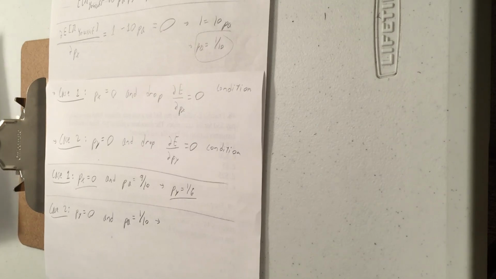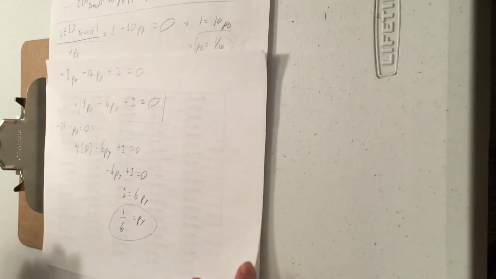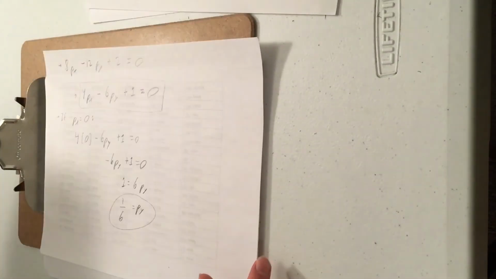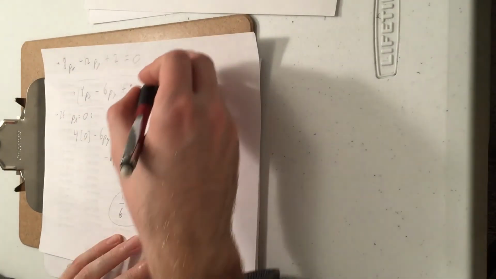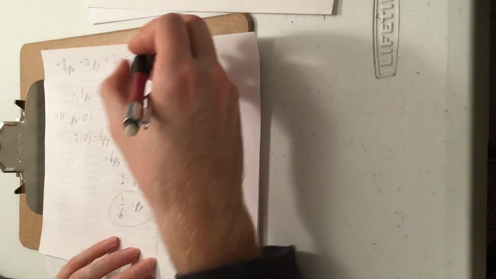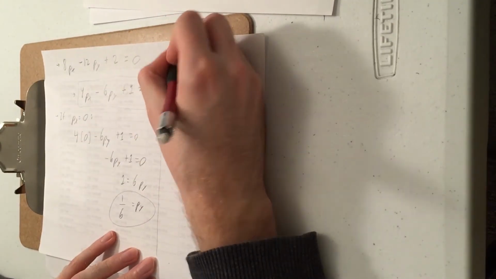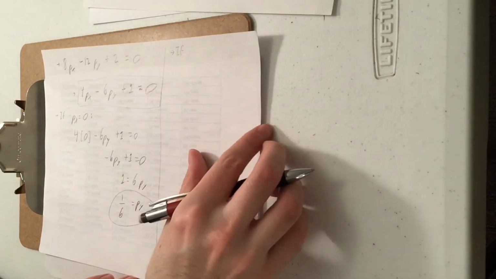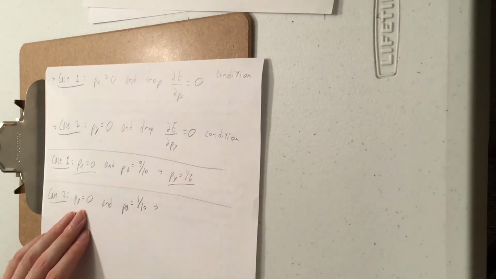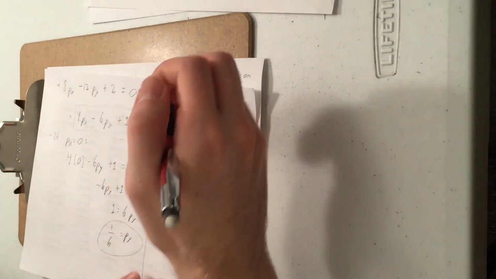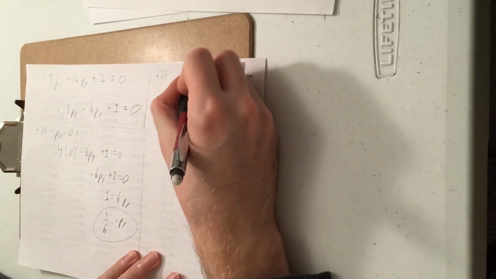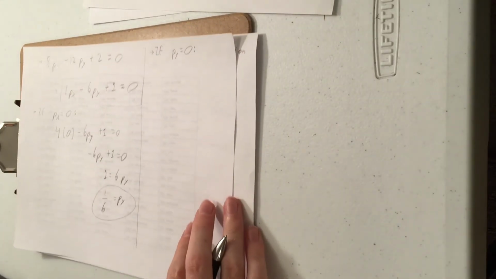So what does that mean for us? Let's go back over here. If we're saying py equals 0 instead of px, here's what happens.